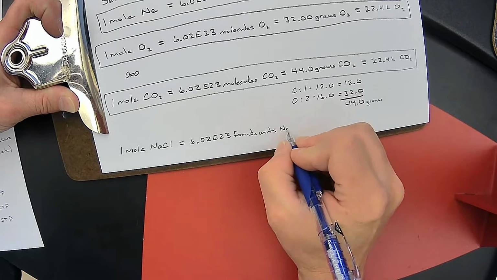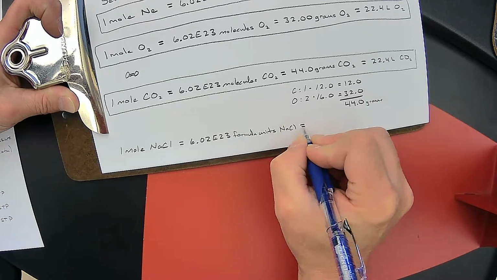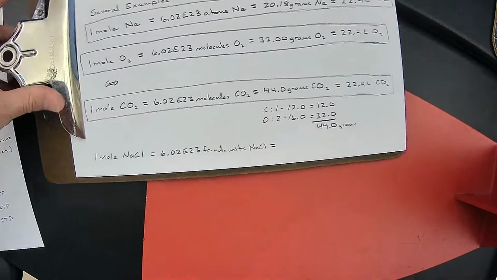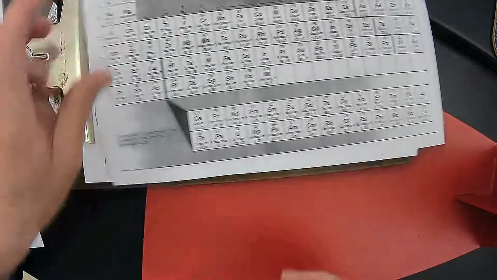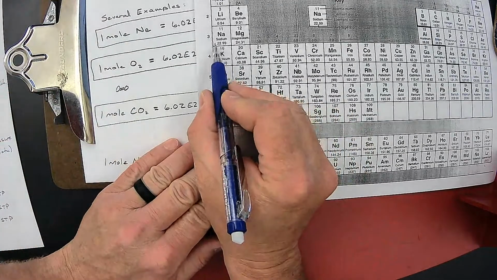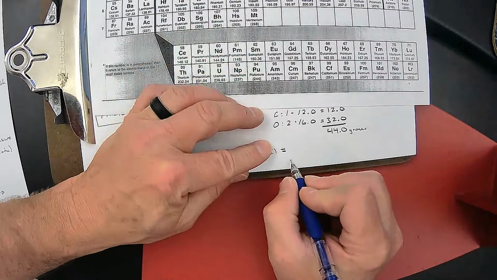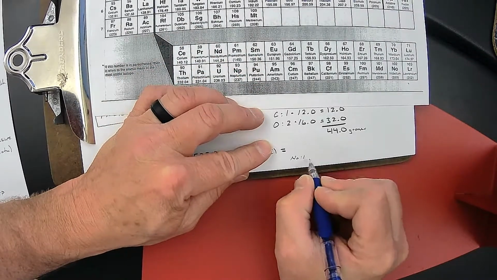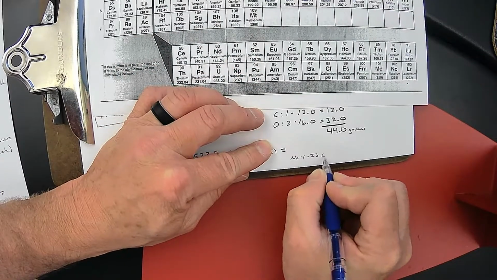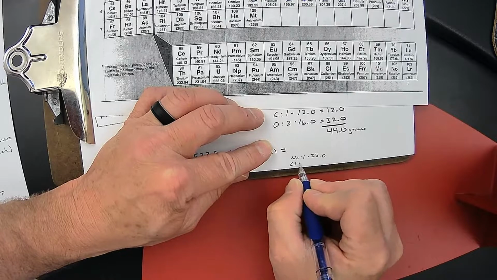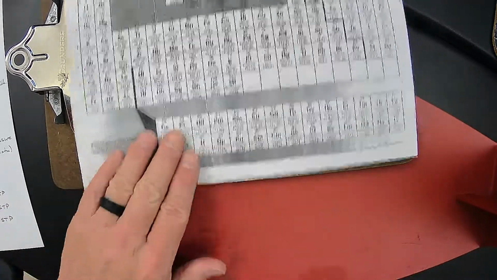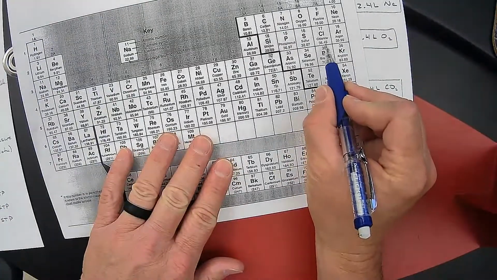of NaCl. And that is equal to, and I'm going to also work this one out. Na rounded to the nearest tenth would be 23.0. So underneath we go Na, there's 1 times 23.0. Cl, there is, and I'm starting to run out of room here, 35.5.